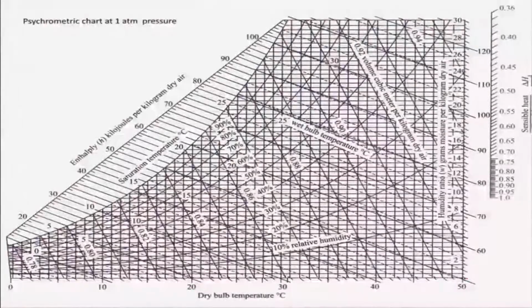And this line gives the specific humidity, with values like 4, 6, 8, 10, 12. That is grams of moisture per kg of dry air. This is in grams, like 2 gram, 4 gram, 6 gram, 30 grams, like that.